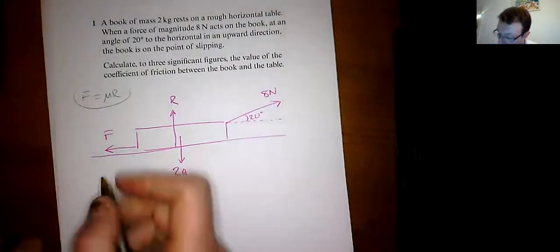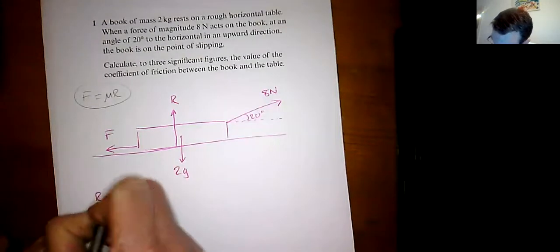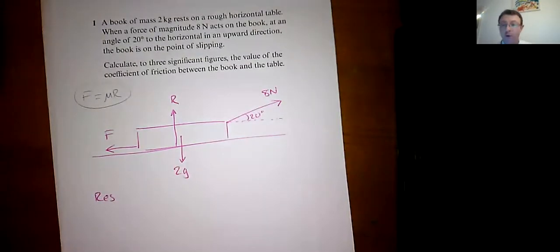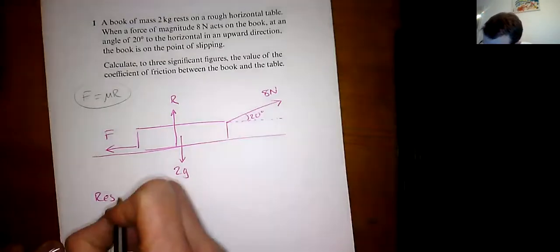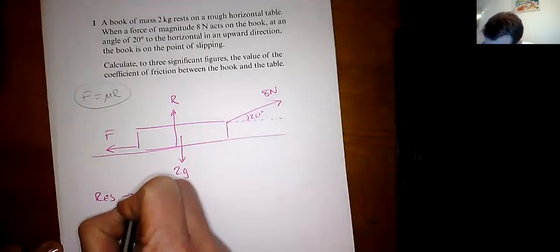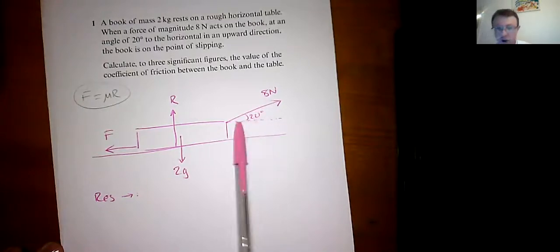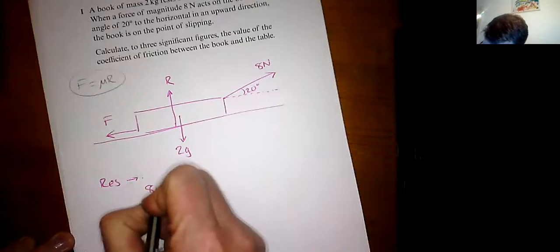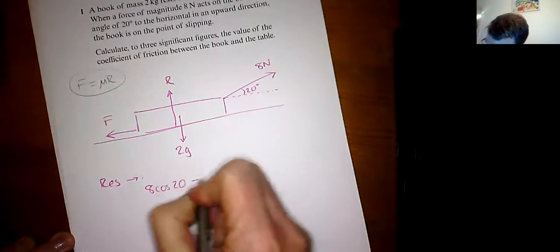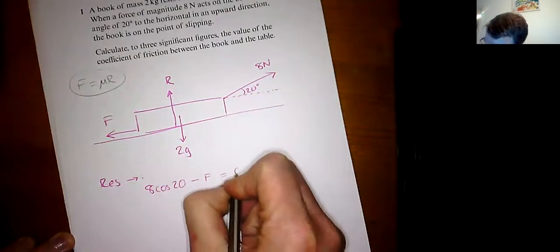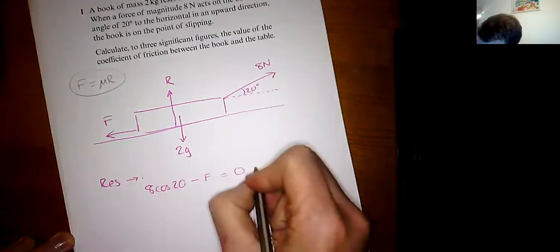Right, so let's resolve in one direction. I'm going to go for horizontal, and the reason, just like I've said, is I find it easier to resolve this force horizontally because it's the adjacent, so it's going to be cos. So I've got 8 cos 20, take away F equals 0, and then I can work out F straight away.